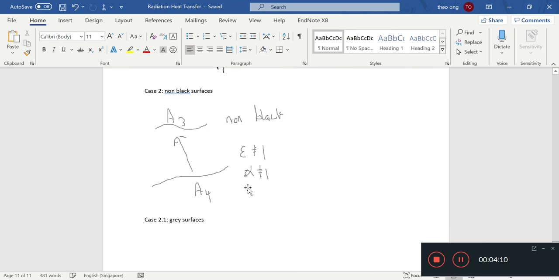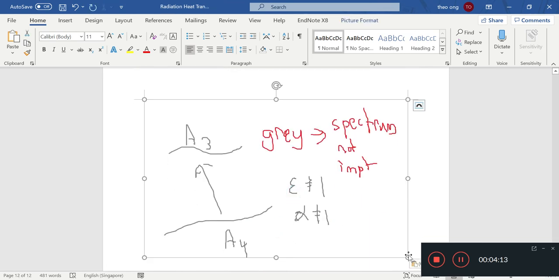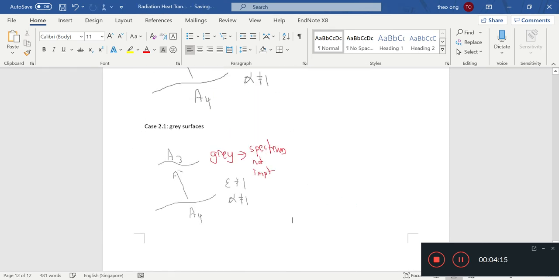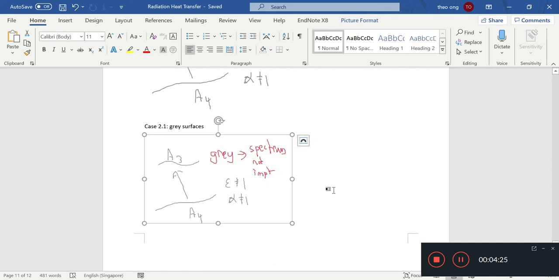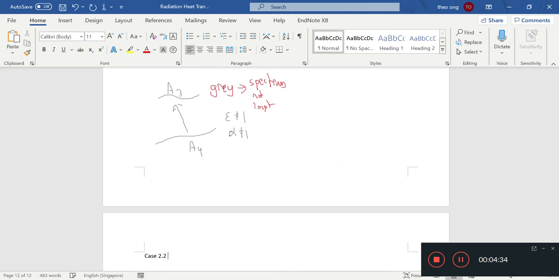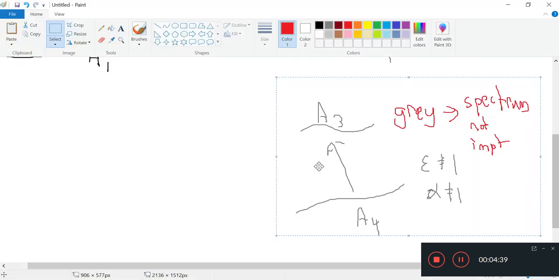For non-black surfaces in general, if you want to talk about heat transfer between them, it will be pretty complicated, especially when spectral dependence comes in. So with gray surfaces, it is much simpler. And another simplification is gray diffuse surfaces. What is diffuse?